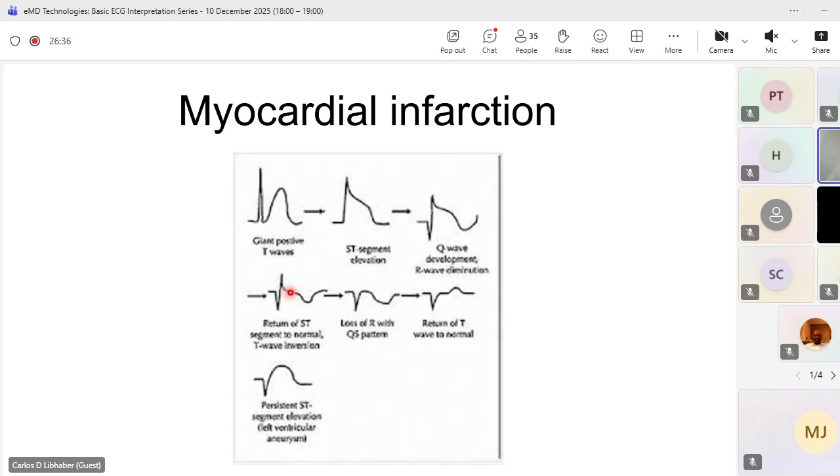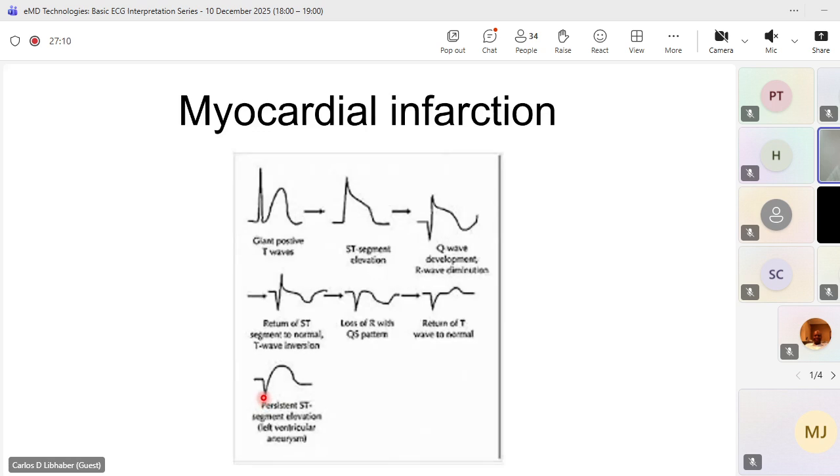The ST is coming down, but the T wave is becoming negative. Eventually, all you have is a Q wave and a negative T wave. Okay? And eventually the T can become normal or stay inverted, but you already have a Q.